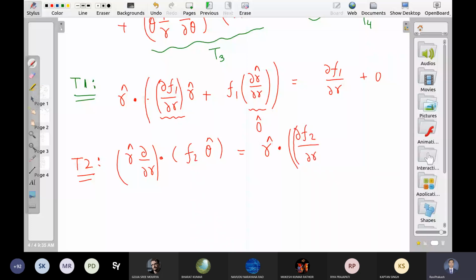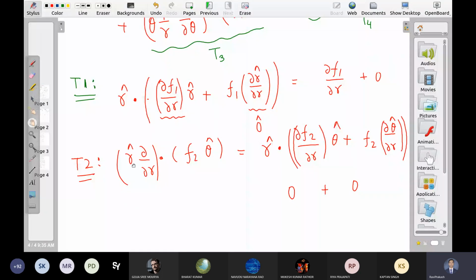No, there is no dot here. Simply theta cap plus f2 as it is del theta cap over del r. Now r cap dot theta cap is 0, so first term is 0. Now we have to solve del theta cap by del r. What is this? 0. So this is again 0. So there is no contribution here, right? So second term does not contribute anything.